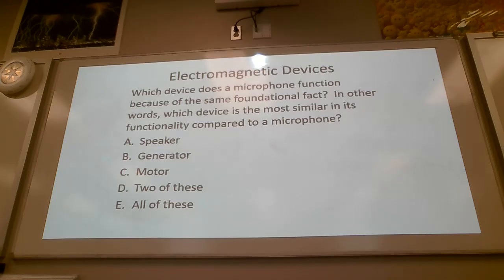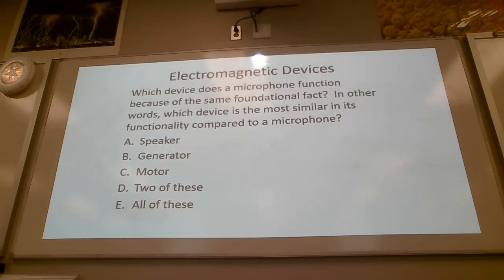So the first hour had trouble with this question. I want similar functionality, not similar physical setup, but similar physical functionality. Same concept. Talk to your neighbor.